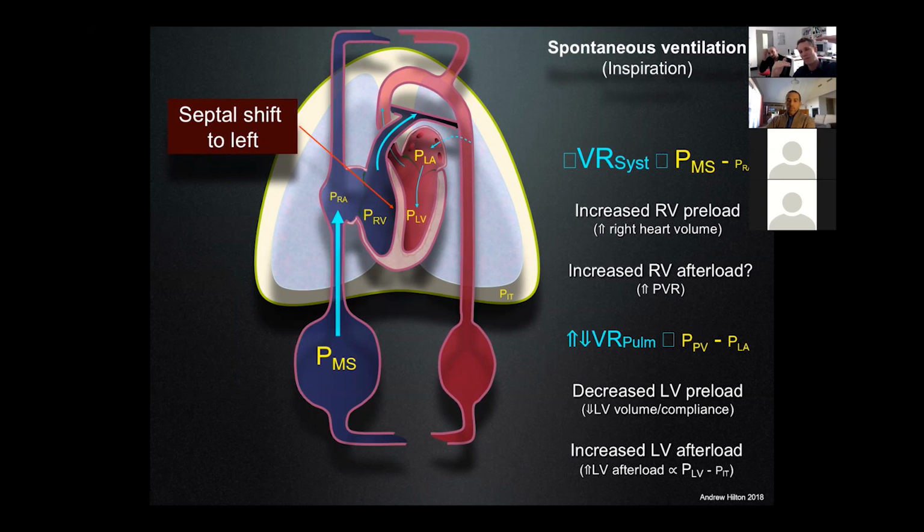If we breathe in and we reduce the pressure, that will pull the intrathoracic pressure down, because again, LV afterload is pressure in the LV minus the pressure in the intrathoracic space. If we make it more negative, that's going to increase the afterload, which is the pressure difference, right?